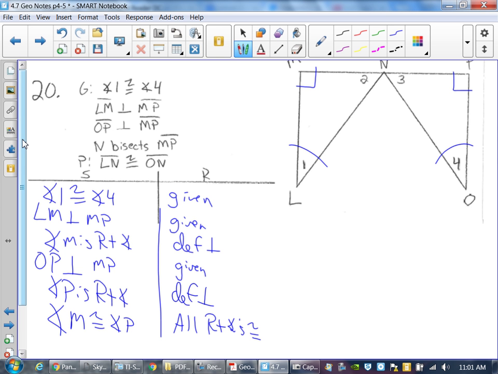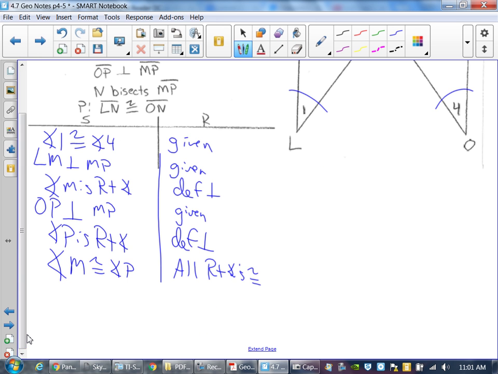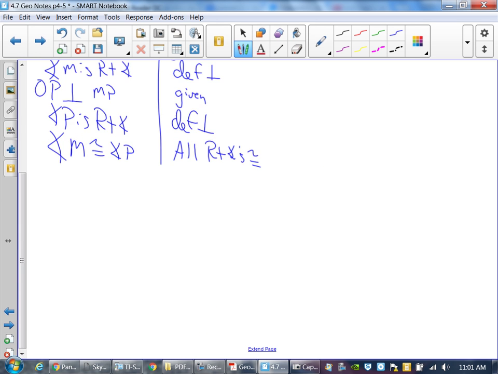So now we've got bisector. So we go through the bisector real quick and fill that out. What is it, MP? So that means MN is congruent to NP. Definition, segment bisector.